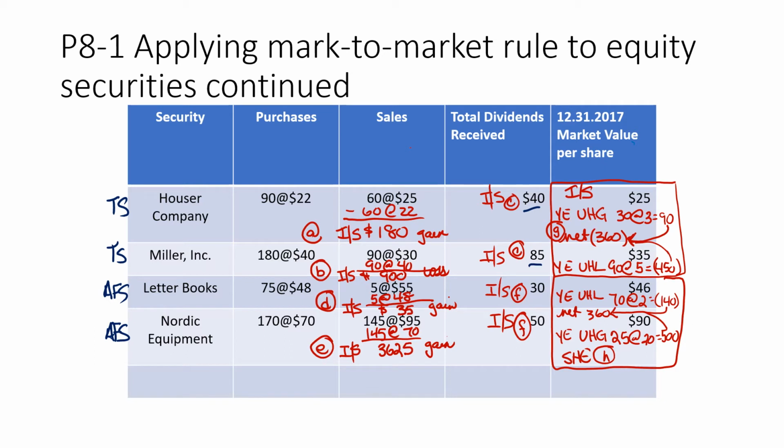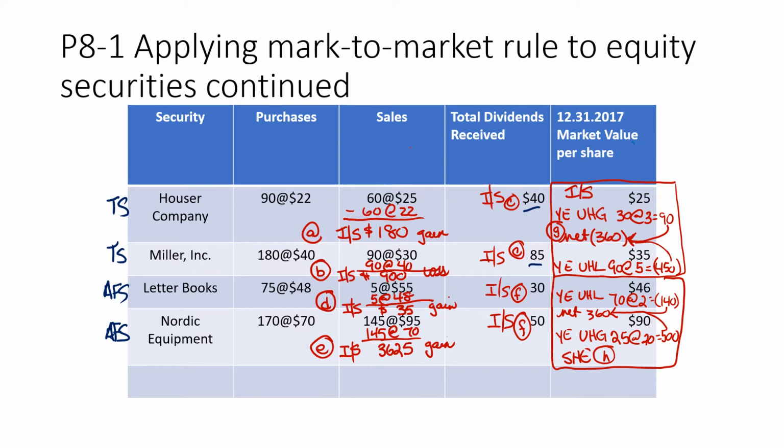Miller Company also declared and paid a dividend of $85. Dividend income shows up on the income statement, so that 85 will show up as dividend income. And then at the end of the year, Miller Company's value was $35.